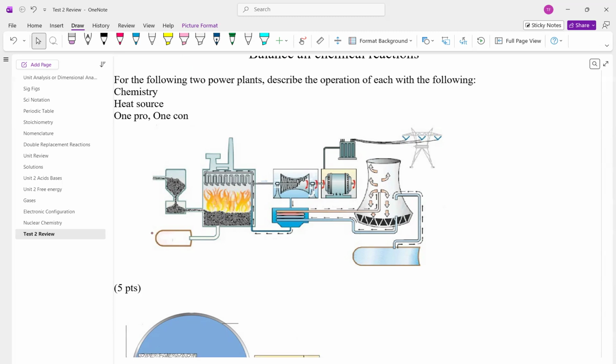Okay, so you need a chemistry of coal. Coal is, there are 4 kinds of coal. This is the average for all of them.